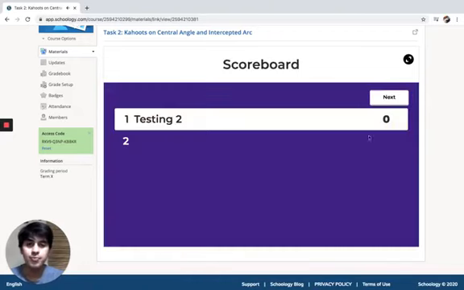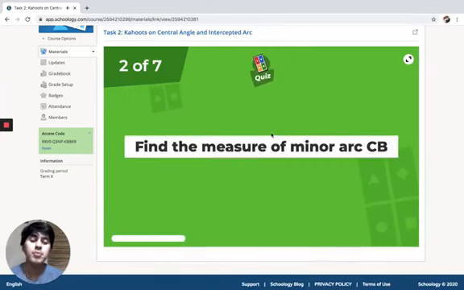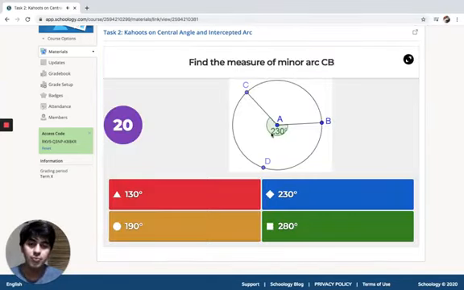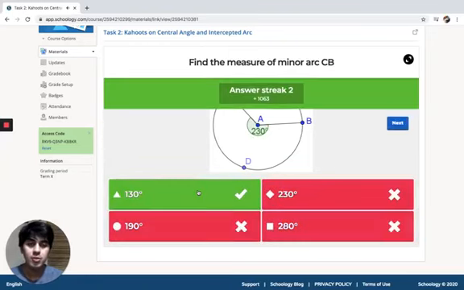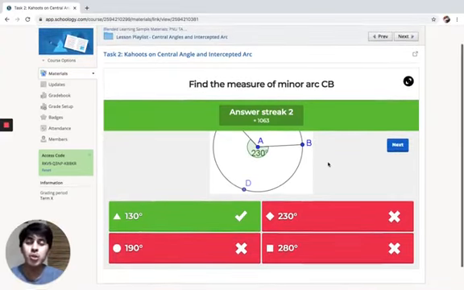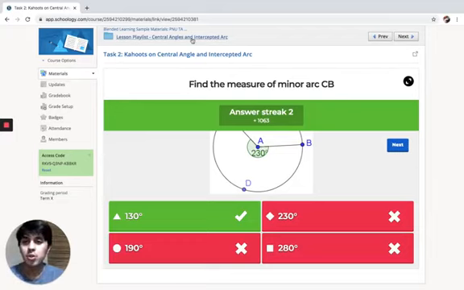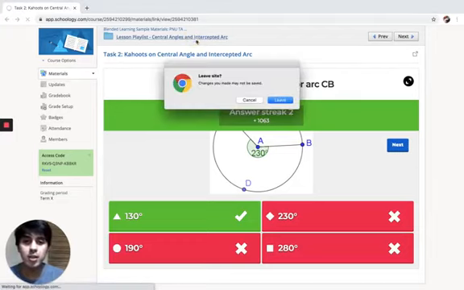As you can see, the questions for task 2 are basic questions that could be answered if you worked on your task 1. So let's go back to the lesson playlist.